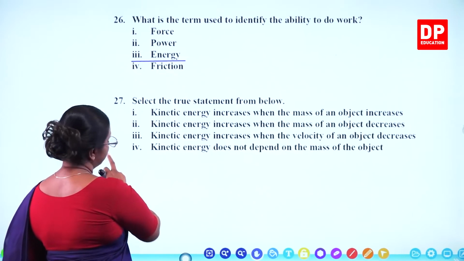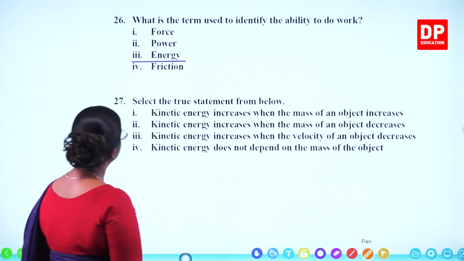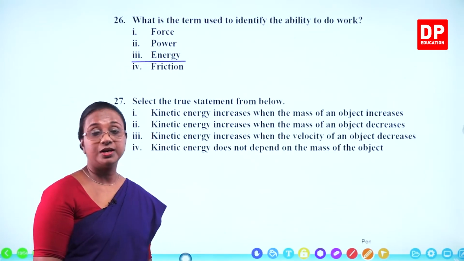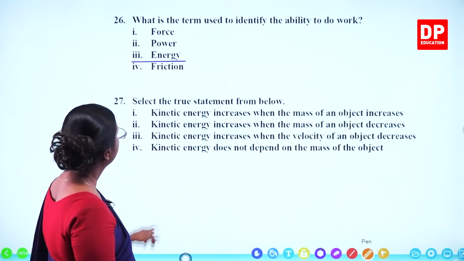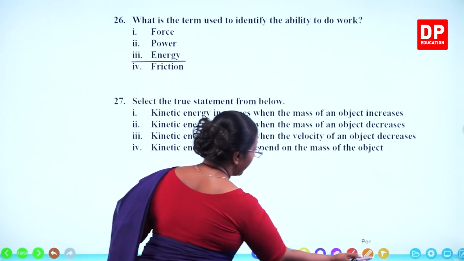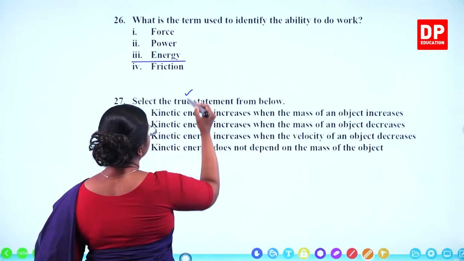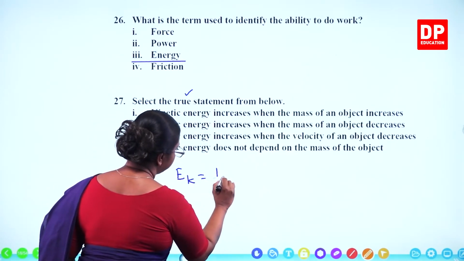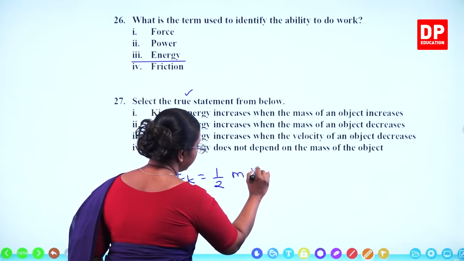Then the next question, question number 27. Select the true statement from below. Kinetic energy. So when we say kinetic energy, what do you need to remember? E kinetic is half mv squared.